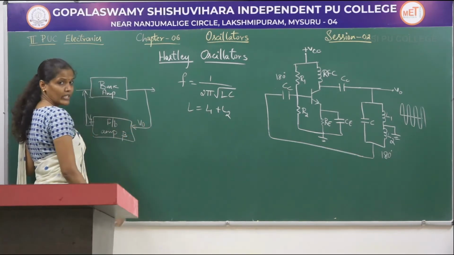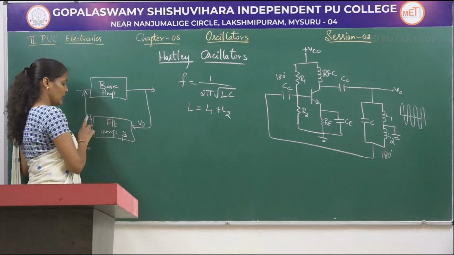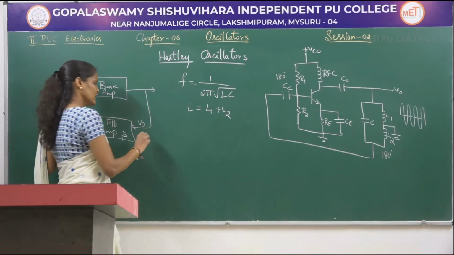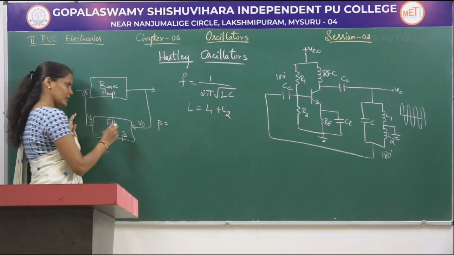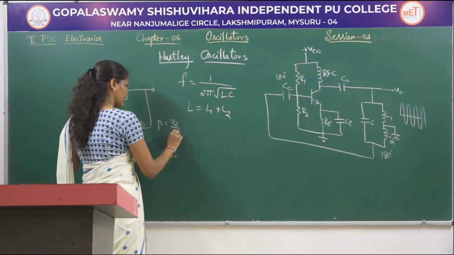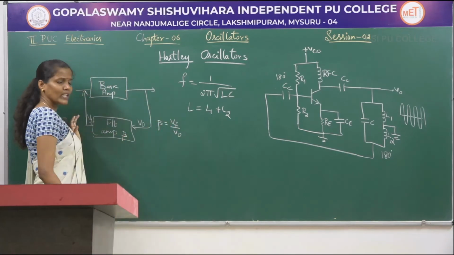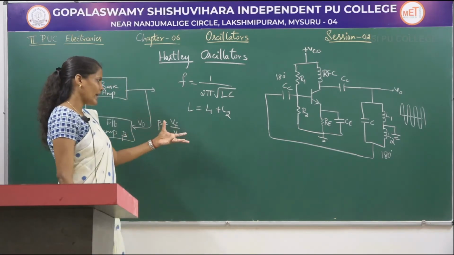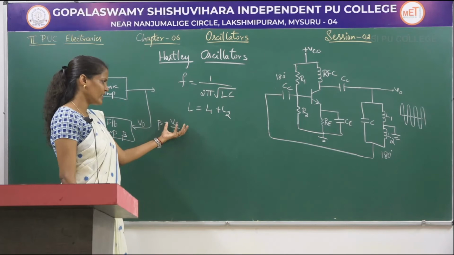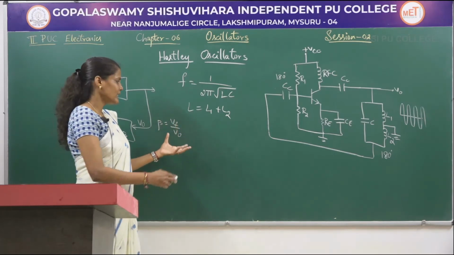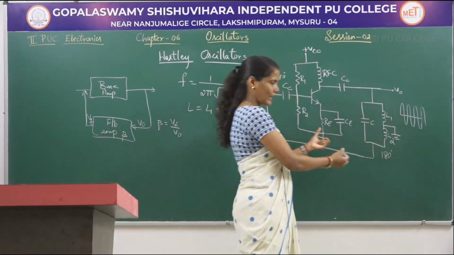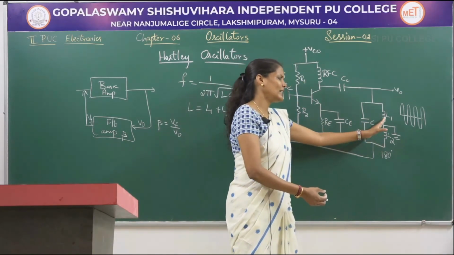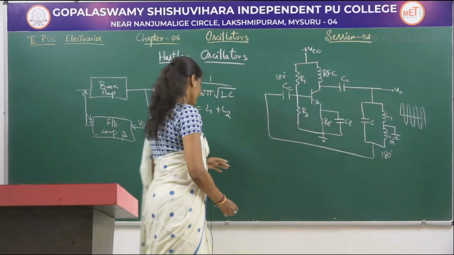Here this is Vf and this is V0. So beta is equal to output divided by input, that is Vf divided by V0. The same thing applies here. So the feedback is nothing but Vf divided by V0, that is the potential from which we are taking the feedback, that is through L2, and the output we are taking from L1.